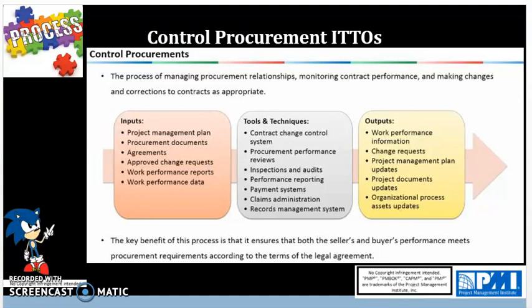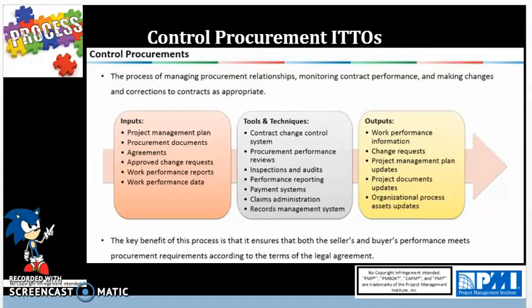You will raise change requests as a team to be approved or rejected by the change control board and be implemented as approved changes in the next cycle of contract performance, and you'll be controlling that. So it is a process of managing procurement relationships, managing contract performance, and making changes and corrections as appropriate via change requests.